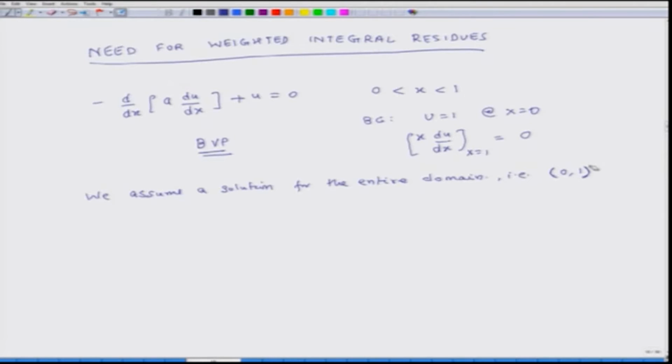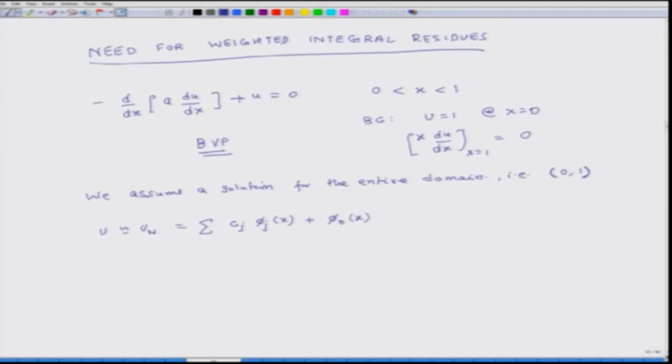So, this is some convention, and we say that u is approximately equal to some function un. And what is un? It is a sum over j equals 1 to n of Cj phi j of x, plus some other function phi naught.